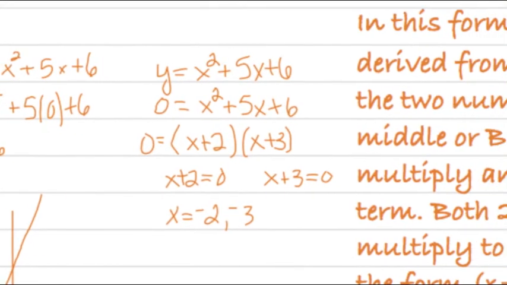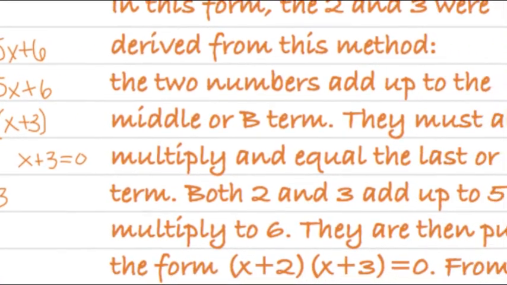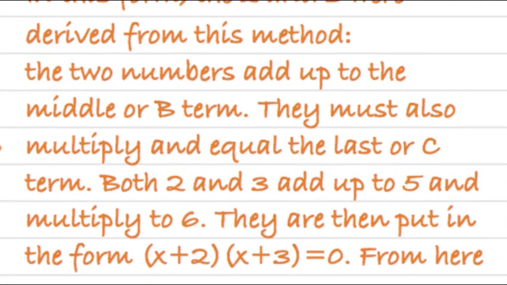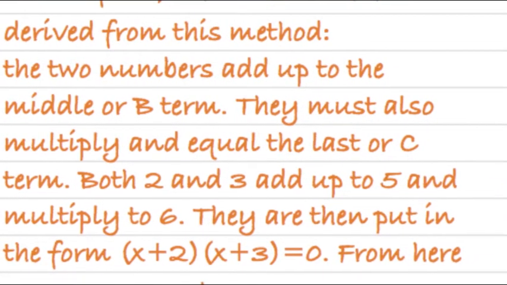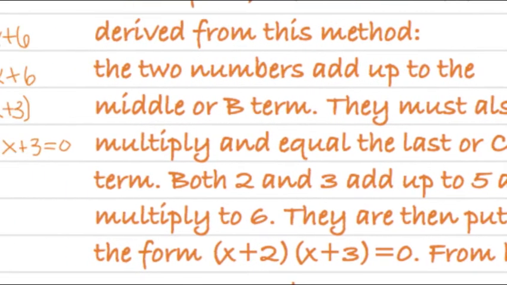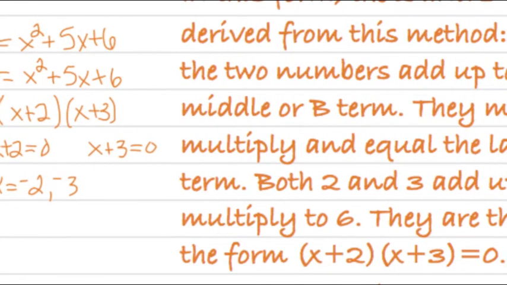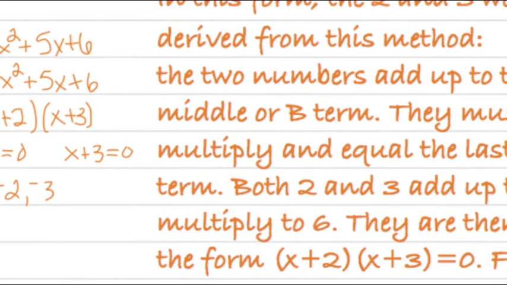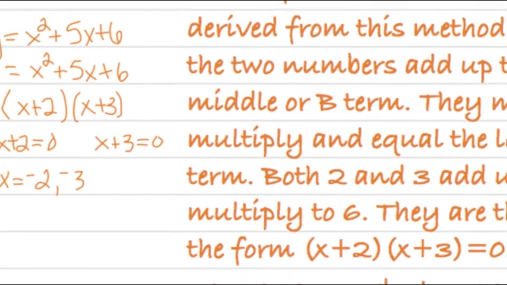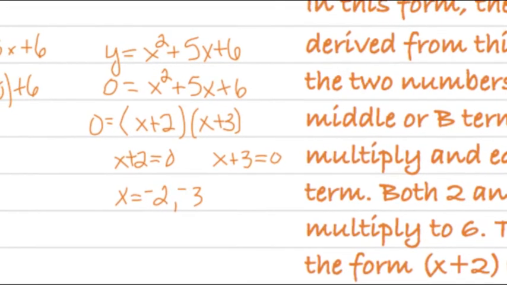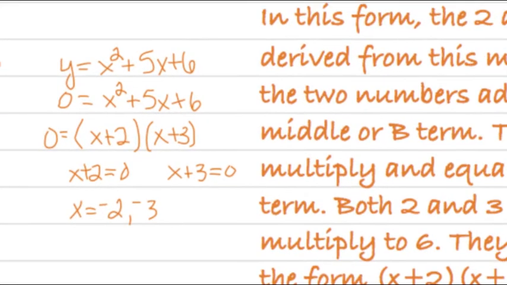Now how do we get this? Well, over here I typed up a little explanation. So in this form, let me move this so we can see what we're talking about. The 2 and 3 were derived from this method.